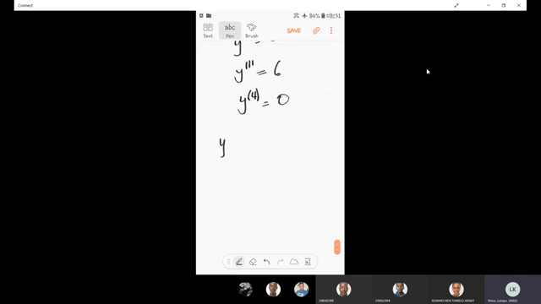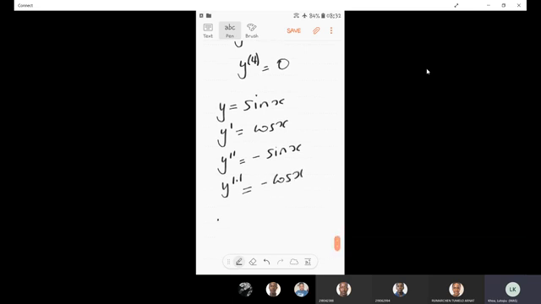And then other functions like sine x, y prime, this is cos x, y double prime, this is minus sine x, y triple prime, this is minus cos x, the fourth derivative, this is sine x, and then you can see there's a pattern.